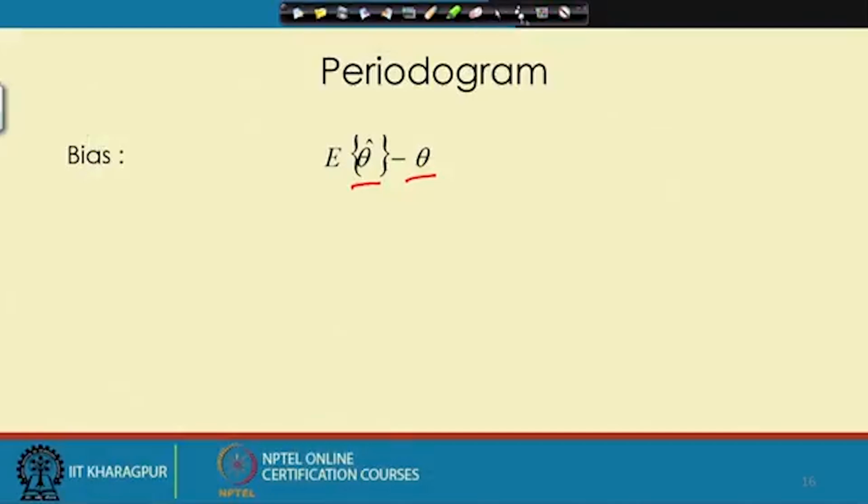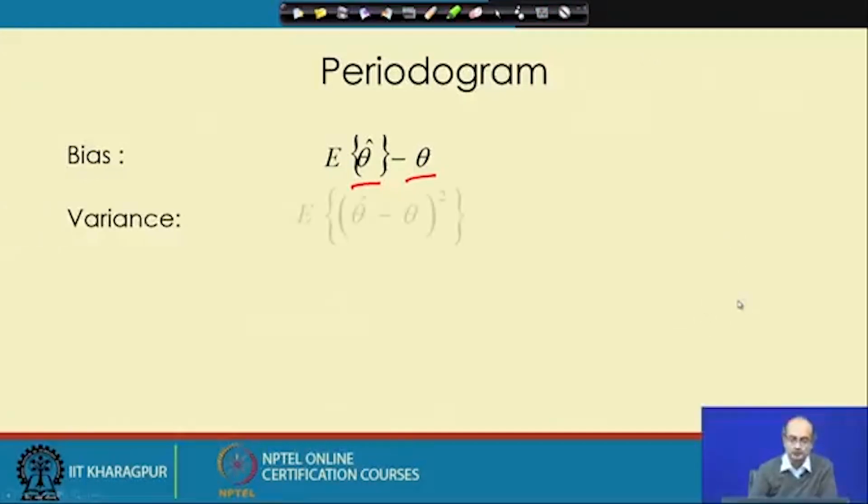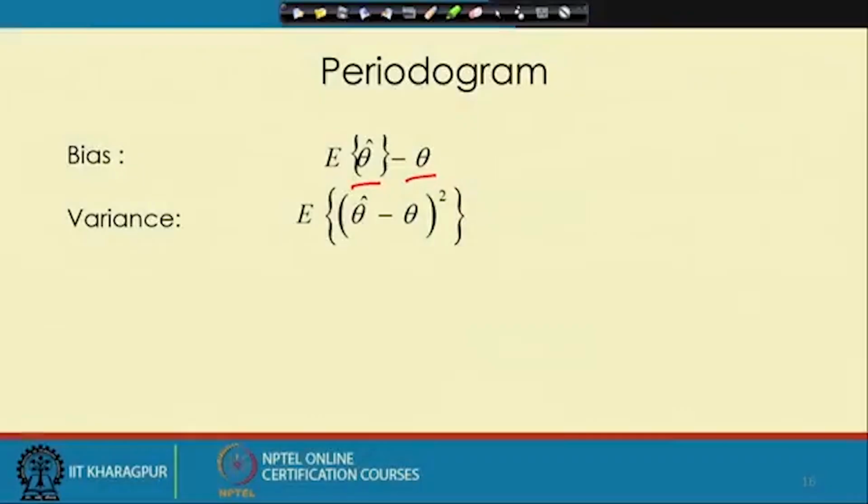The next thing is variance. The variance we already know, it gives us the spread of that estimated result from the true value. Okay. Here we have taken actually the difference from the true value, assuming that the bias is going to 0.